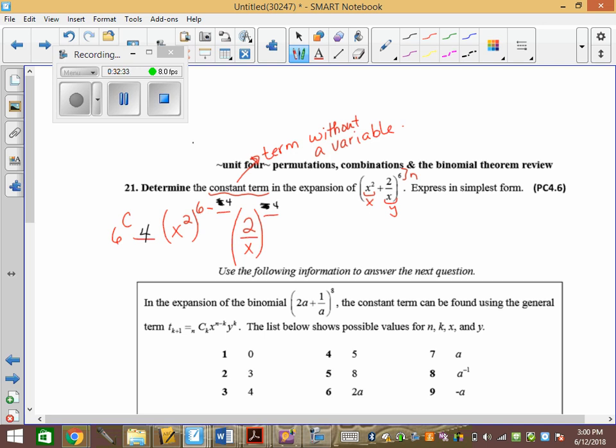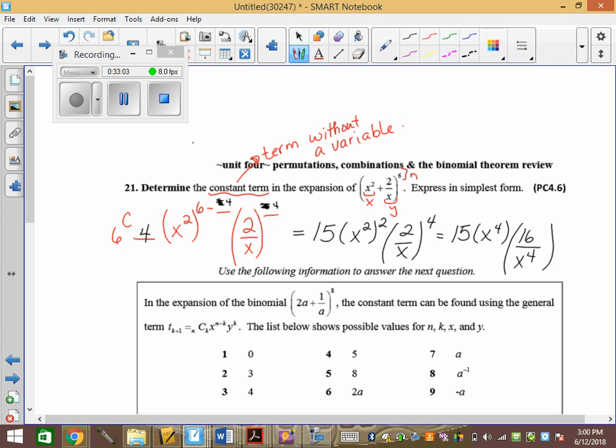What term is that then? 5, because K is always 1 less than the term. What's 6C4? 15. And then we'd have X squared to the 2 over 2 over X to the 4. So we're going to get 15 X to the 4, 2 to the 4 is 16, over X to the 4.